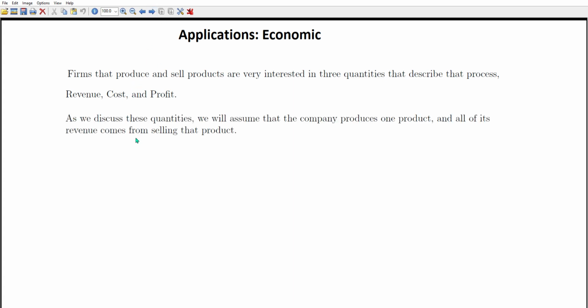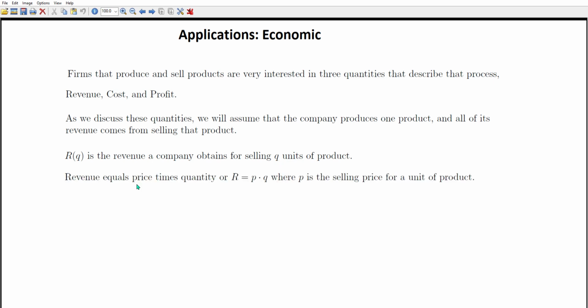As we discuss these quantities, we will assume that the company produces one product and all of its revenue comes from selling that product. So our functions: R of Q is the revenue a company obtains for selling Q units of product. So that's what Q is always going to be, which is the amount of product involved.